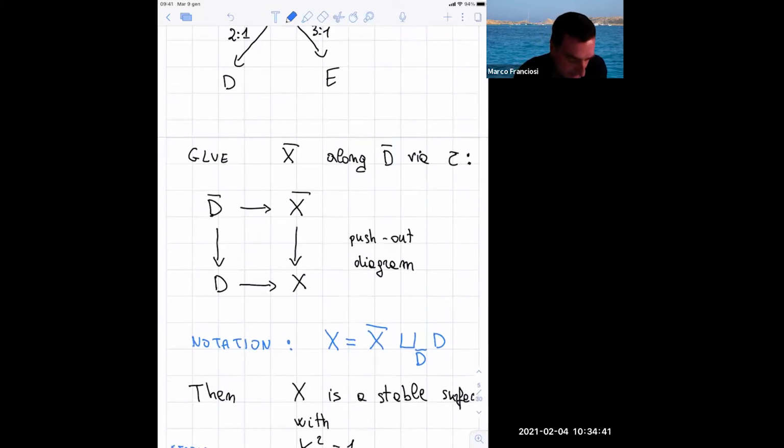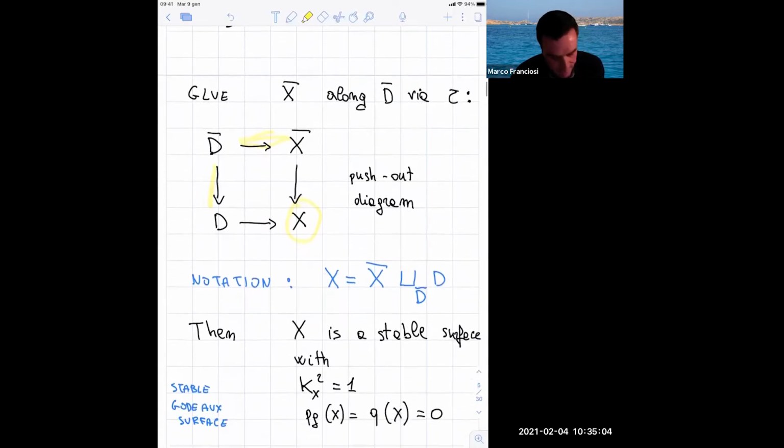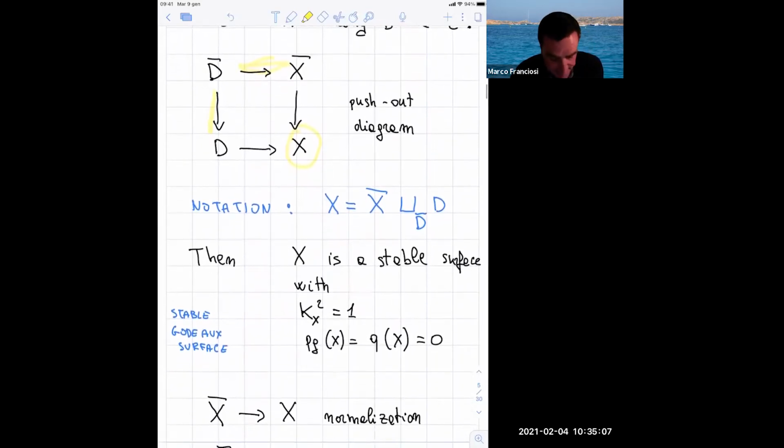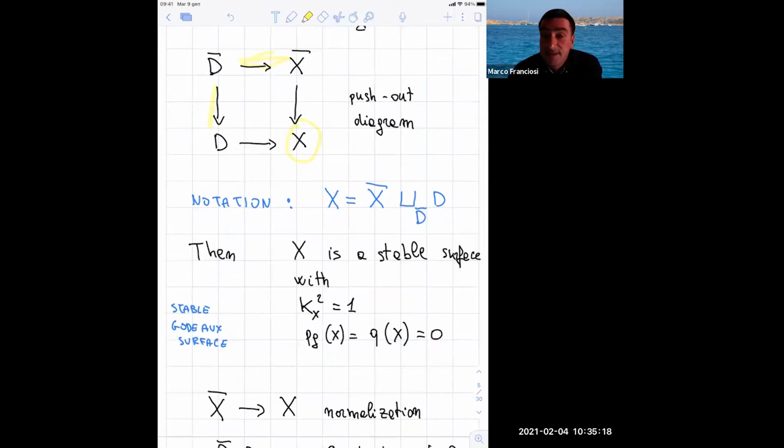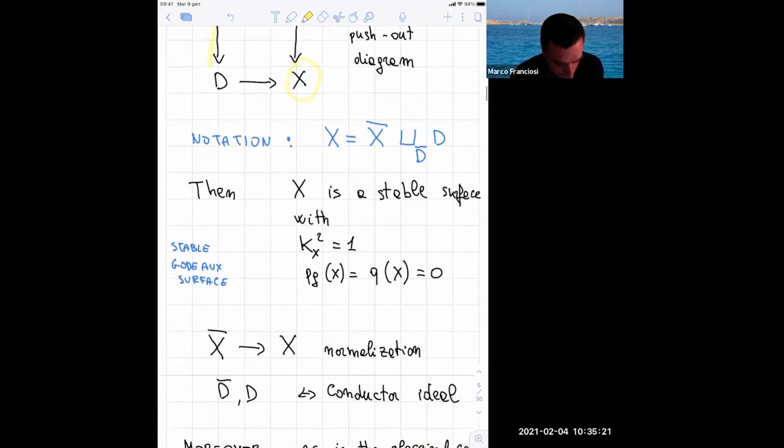We have our map D bar onto D here, and we have the inclusion of D bar into X bar, and then we build X simply gluing X bar along D bar via the map of D bar onto D. It turns out that X is a stable surface with K_X square equal 1, p_g equal q equal 0, which is a stable Godeaux surface.